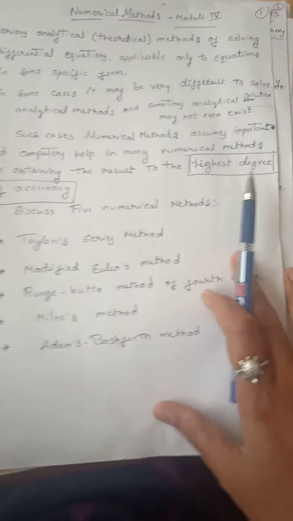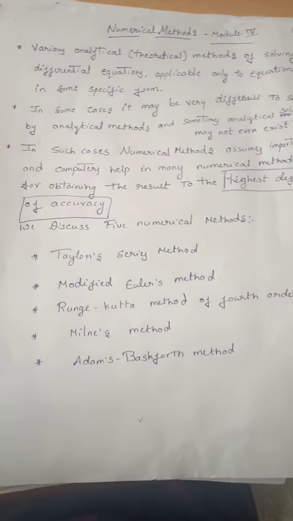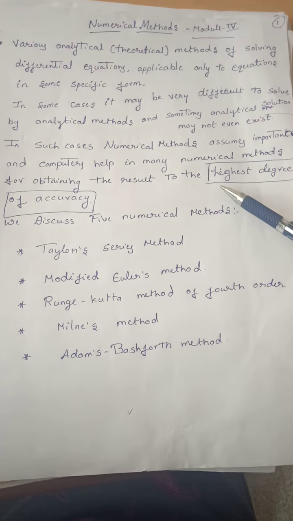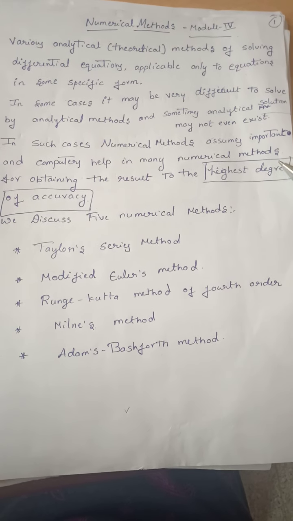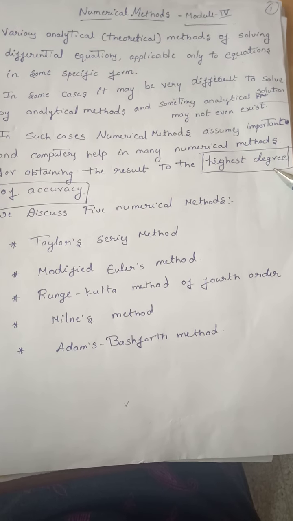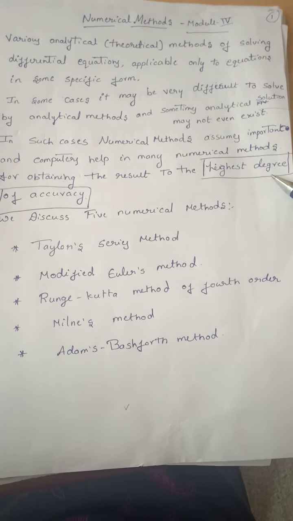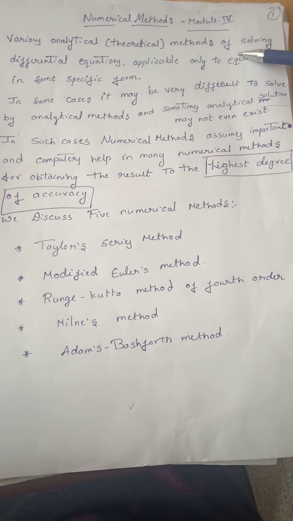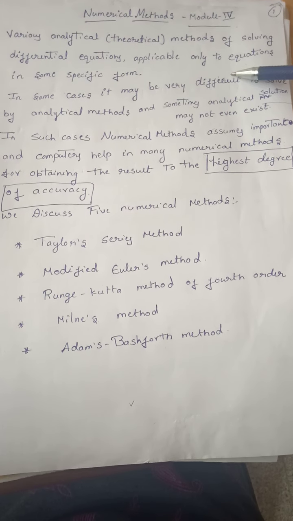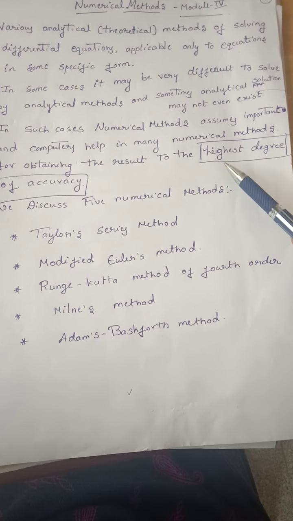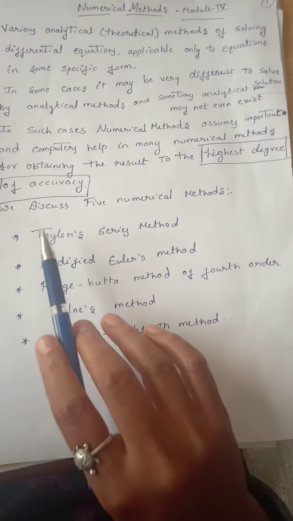In such cases numerical methods assume importance, and computers help in many numerical methods for obtaining results to the highest degree of accuracy. This is the main use of numerical methods. By using analytical methods we won't get the answer so accurately, but by using numerical methods we get the answer with the highest degree of accuracy.